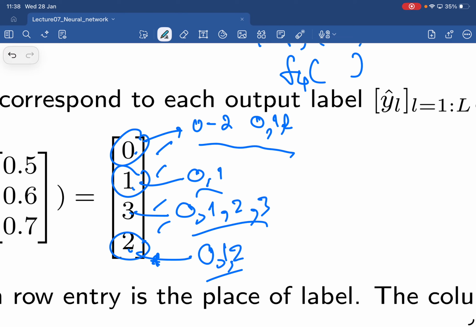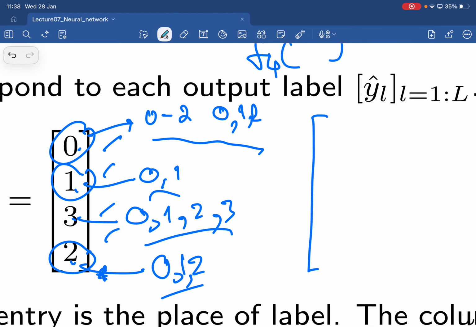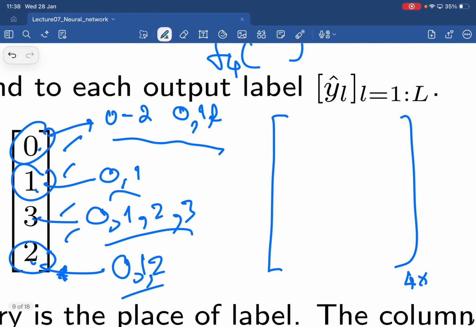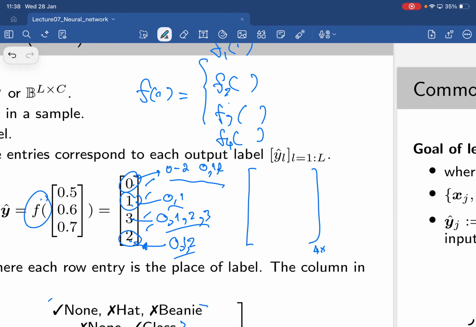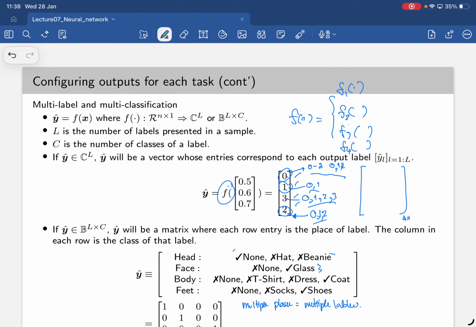But I will give you a hint. The simplest way is to enforce all of these labels to have the same number of classes, so that you just infer one matrix. So it will be size 4 times the maximum number of classes, which is 4.